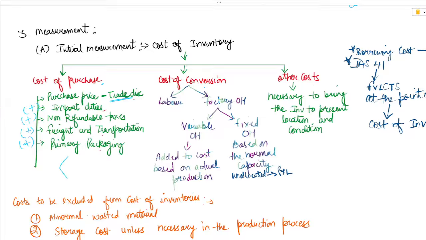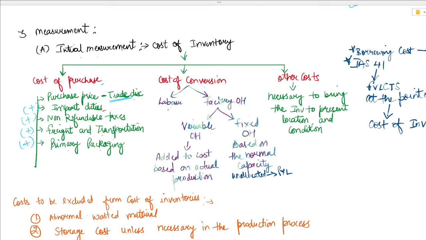If you are making it in the form of a gift set and you are putting the tube in it, then that additional packaging will not be included. That is not under primary packaging. Next, cost of conversion. Cost of conversion will include your labor and factory overheads.